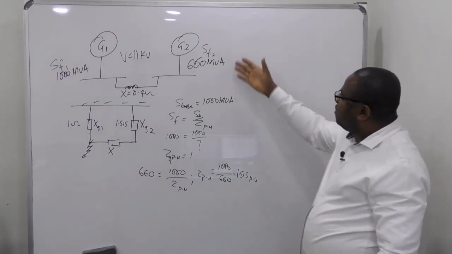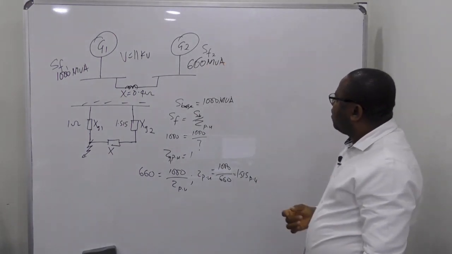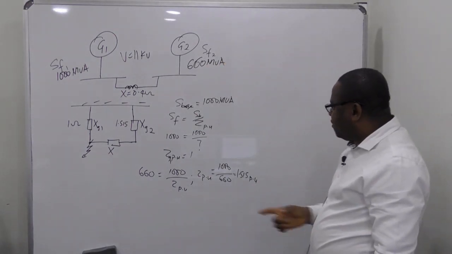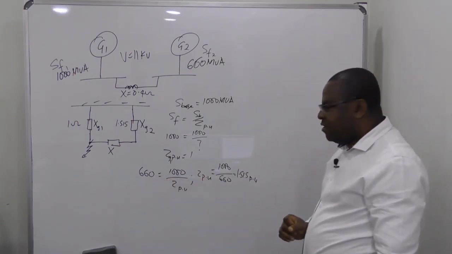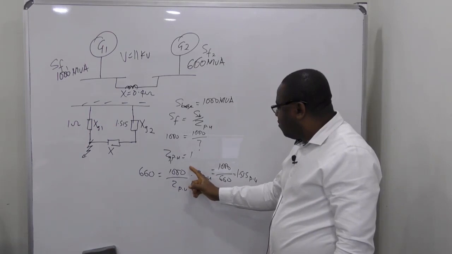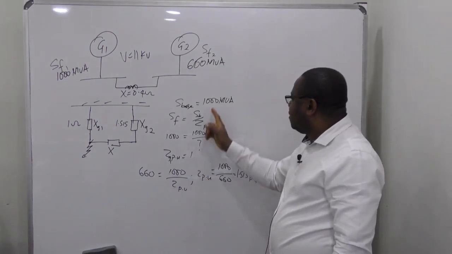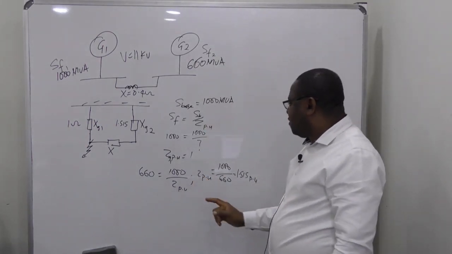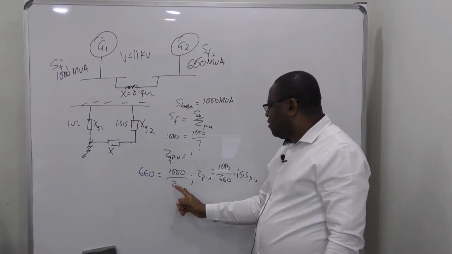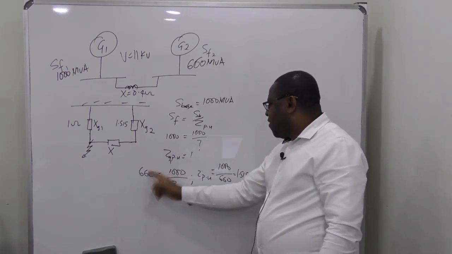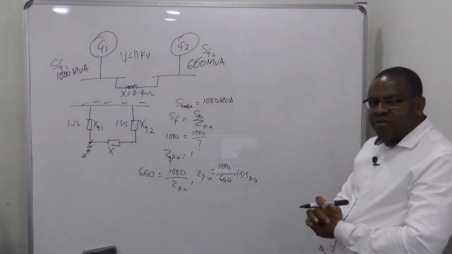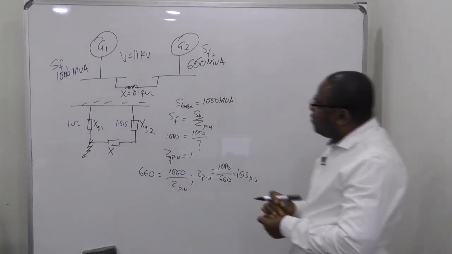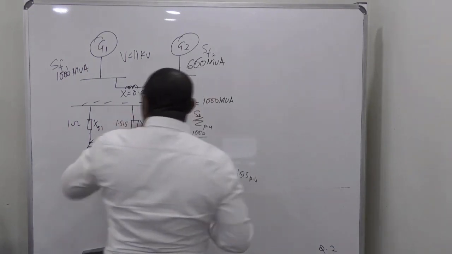And then we come to this side. We are given the fault level to be 660. That means 660 is S base over Z per unit, and our S base is 1000 divided by that. So to get Z in per unit, you take this divided by that, which is 1.515. All right, so now we got that.